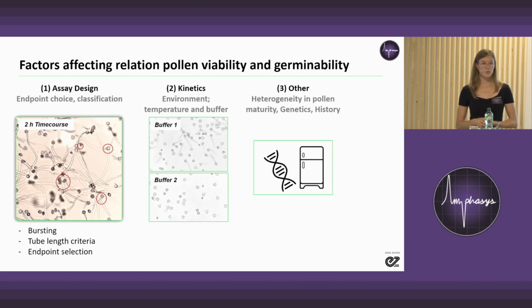In addition, we have stored them for different amounts of time, and they all came from production sites and were shipped, let's say, to the Netherlands. So they have some different history, which might play an effect.